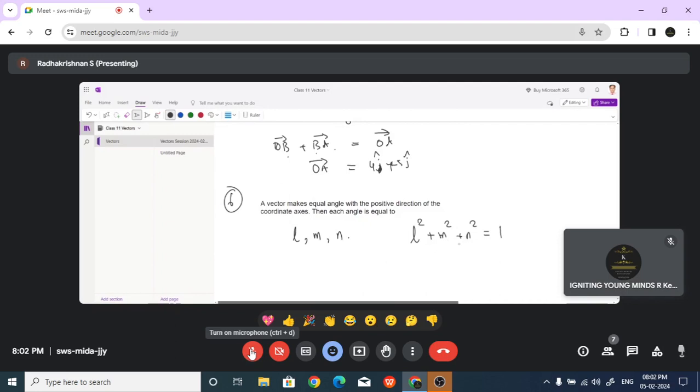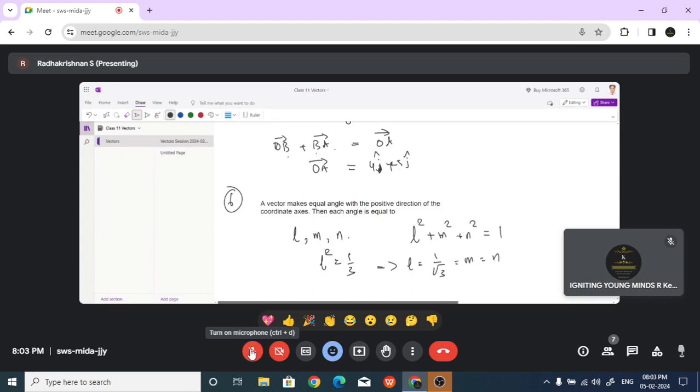Yes, sir. So now you solve it. Cos inverse of 1 by root 3, sir. Correct. Since they are equal, you can put 3 L square equal to 1, or L square equal to 1 by 3, or L equal to 1 by root 3, equal to M equal to N. So each one has to be 1 by root 3.